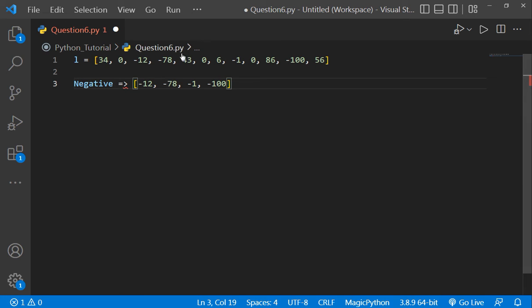These are some negative values in our list, as you can see.